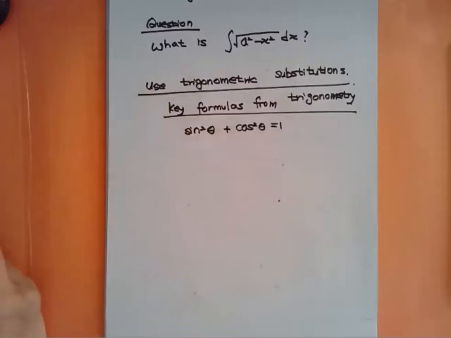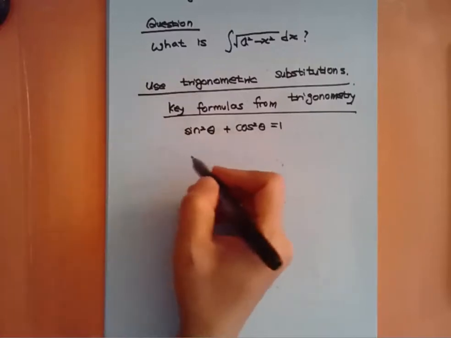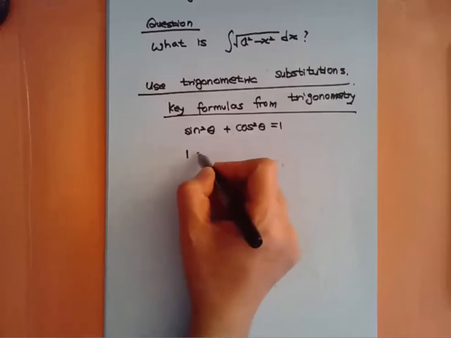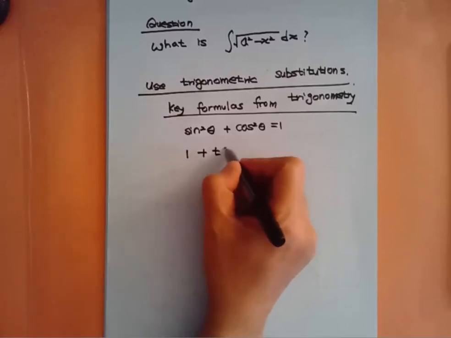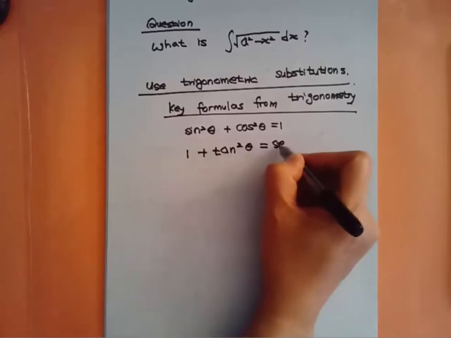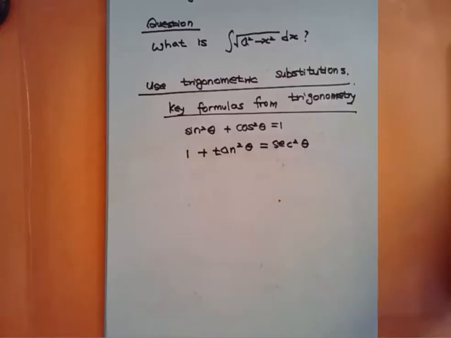Those are sine squared of theta plus cosine squared of theta equals 1, or 1 plus tangent squared of theta equals secant squared of theta.